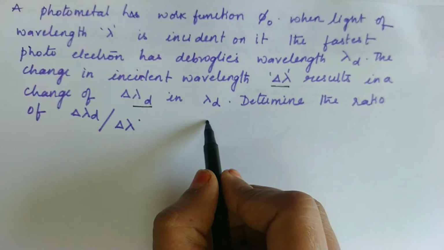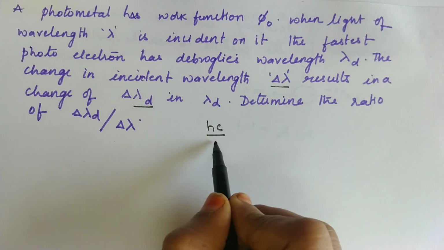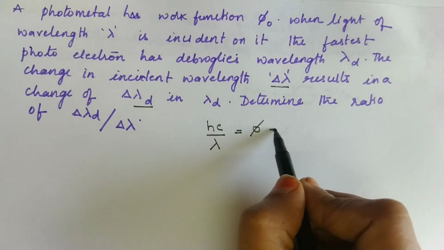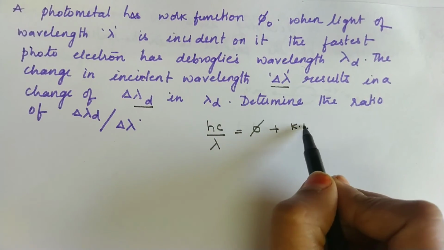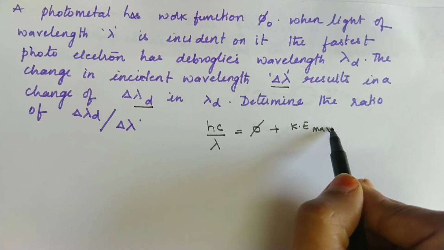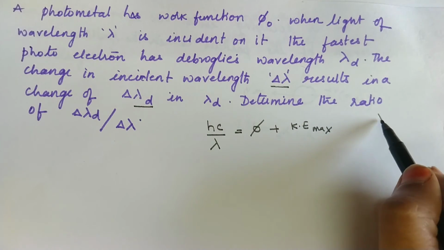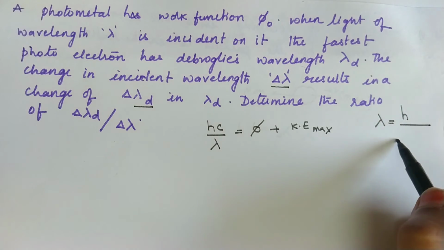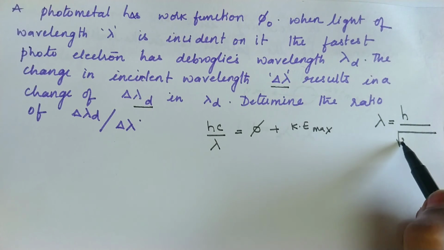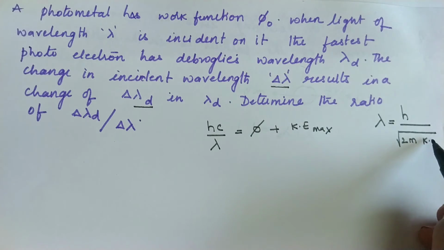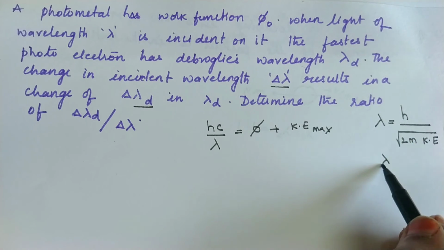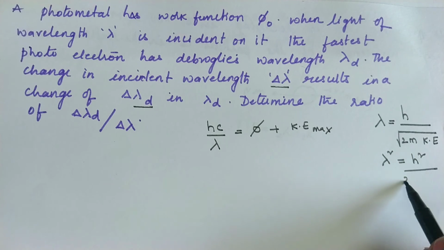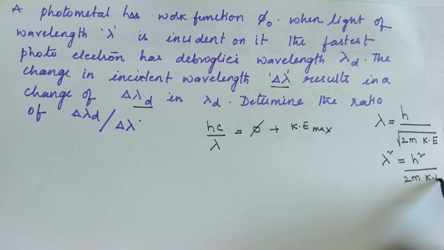So first let us write the photoelectric equation. When your incident wavelength is lambda, hc by lambda is work function phi plus Ke max. But since we want the de Broglie wavelength, we know de Broglie wavelength in terms of maximum kinetic energy is lambda equal to h by under root 2m into Ke. So lambda square is equal to h square by 2m into Ke.